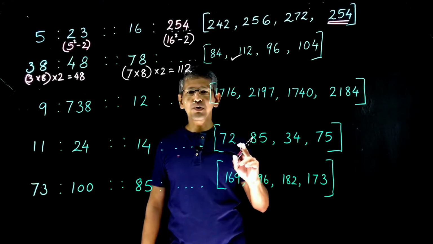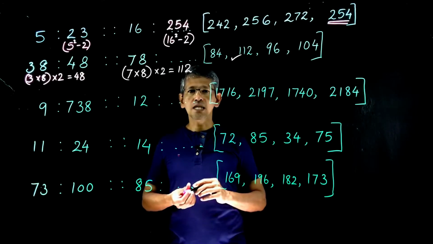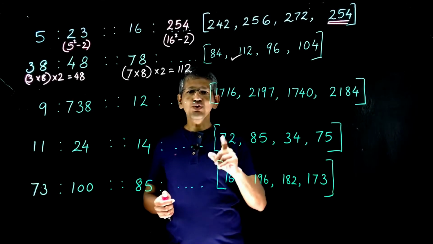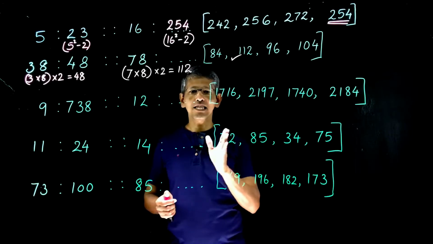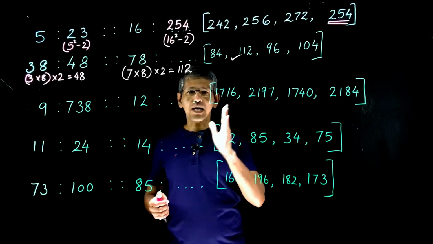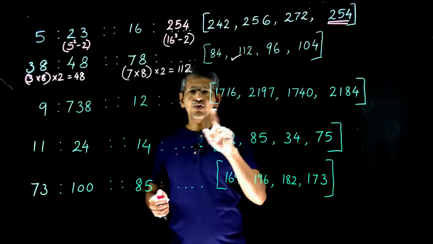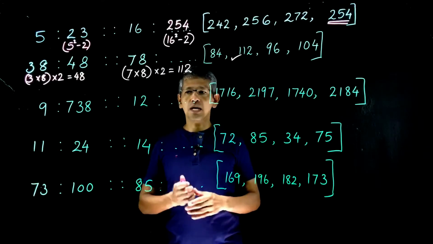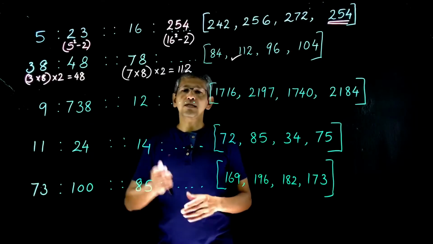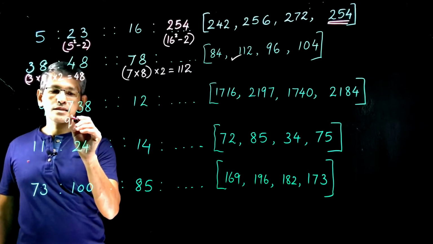If you are not sure what 9 cube is, it's 9 square into 9. 9 square is 81. 81 into 9. 80 into 9, 8 into 9 is 72, so 80 into 9 is 720. The balance is 1, 1 into 9 is 9. So 9 cube is 729. This is 9 cube plus 9.